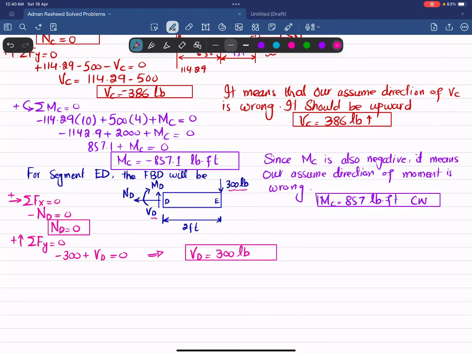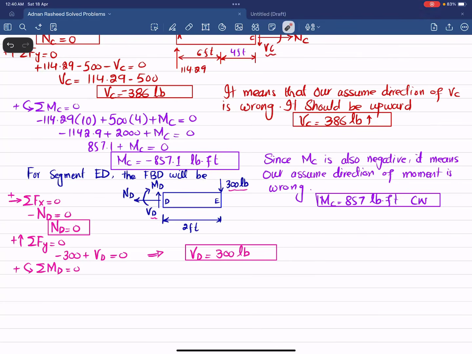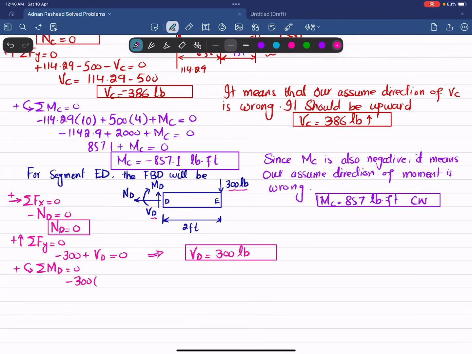Now we will find the moment by using sum of all moments about point D equal to 0, taking the counterclockwise moment as positive. About point D, this force times the perpendicular distance is producing clockwise moment, so it will be negative. So I can write minus 300 multiplied by 2. The internal moment MD is also clockwise. Their sum must be equal to 0. So from here MD will be equal to minus 600 pounds-feet.